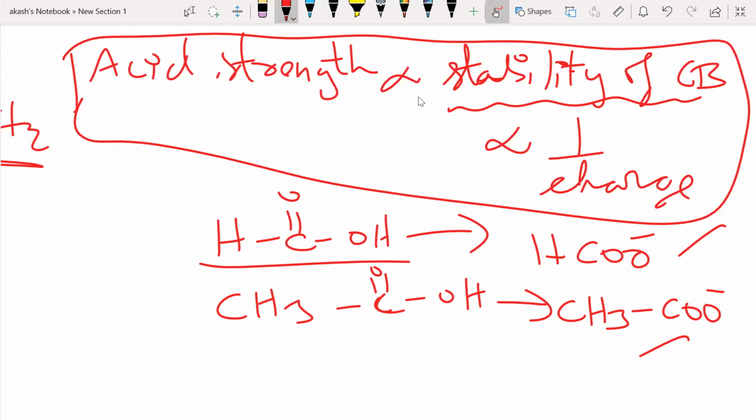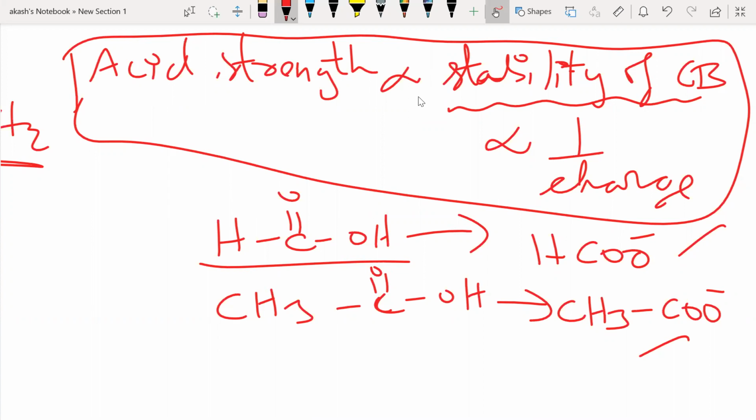Which do you think is going to have lesser negative charge, HCOO minus or CH3COO minus? I think CH3COO minus will have higher, sir. Higher amount of negative charge.